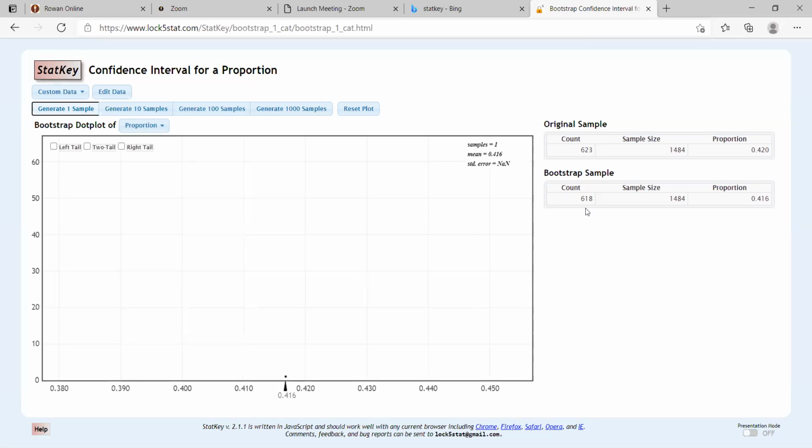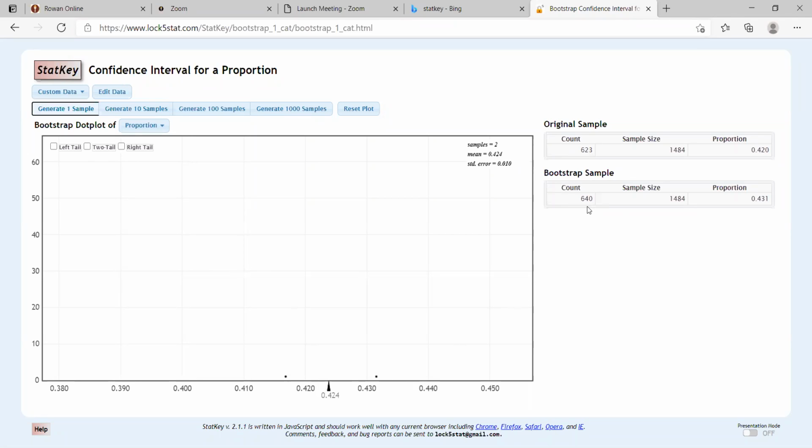So the bootstrap sample, this resampling process, can come up with a different count than before, because now there are more no's than in the original sample. So there are fewer yeses showing up. And then let's choose another one. Now, here's another dot showing up.